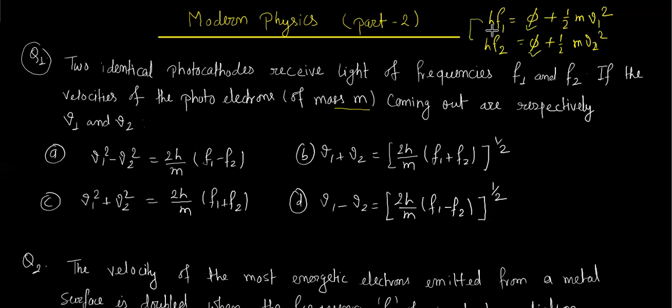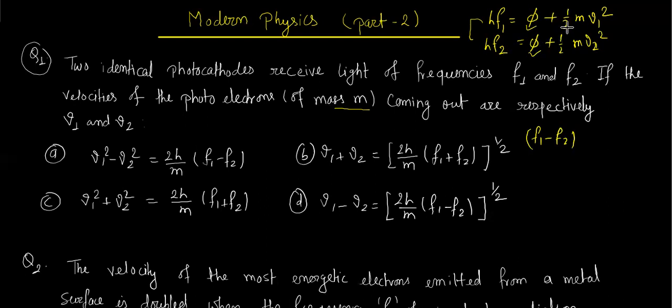After subtracting the second equation from the first, we'll get h times (f1 minus f2), since the phi terms cancel out.